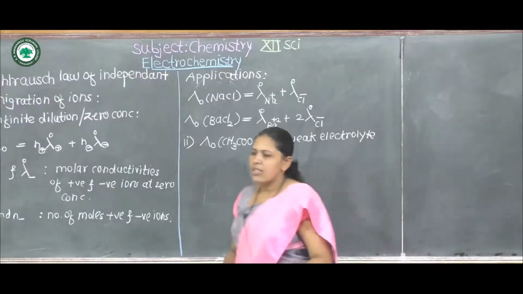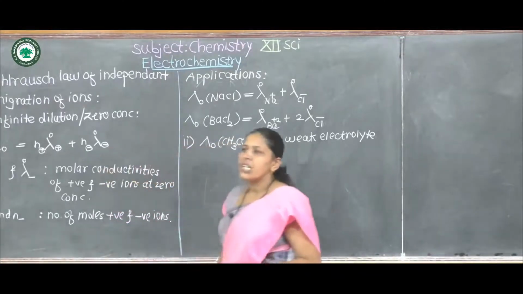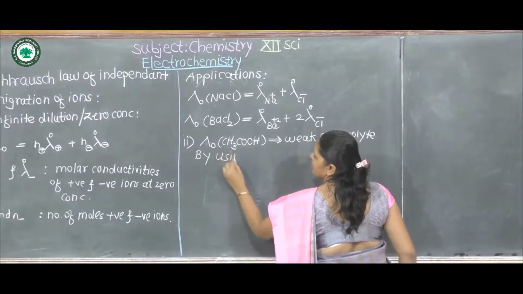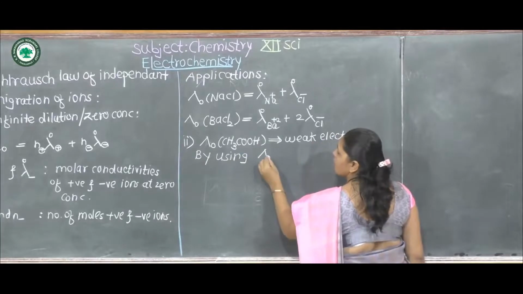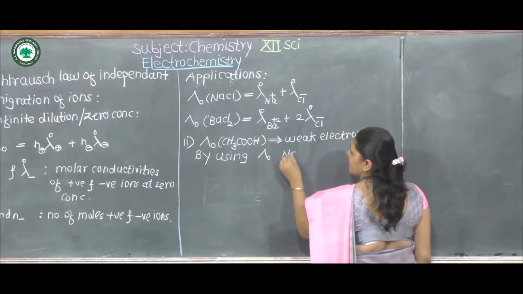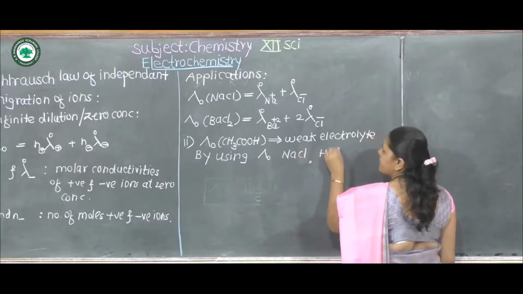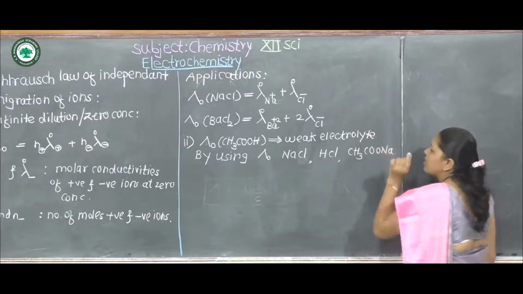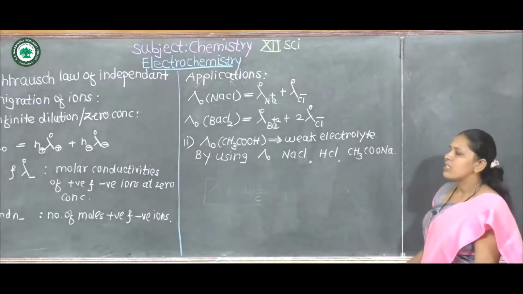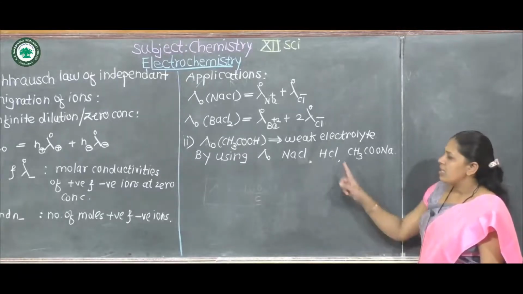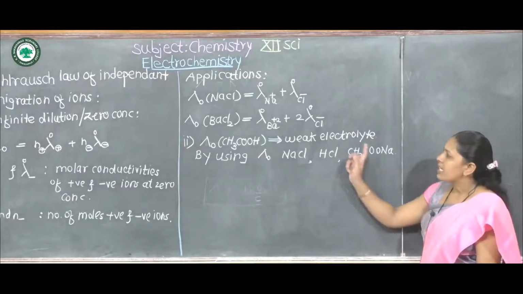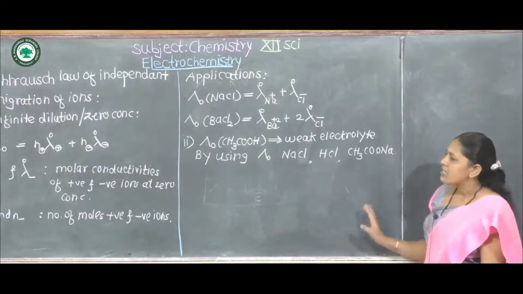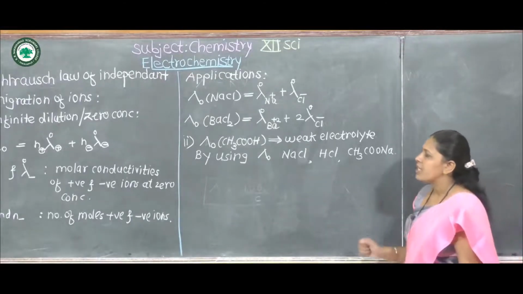By using the molar conductivities of NaCl, HCl and sodium acetate, we can calculate the molar conductivity of acetic acid, which is a weak electrolyte. Then see how to calculate it.